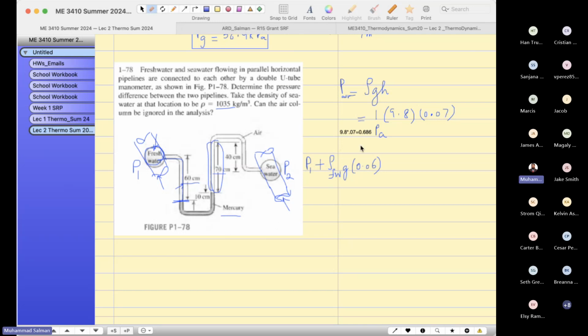I'm sorry, let me check. I was correct, 60 divided by 1000 is 0.06, correct?